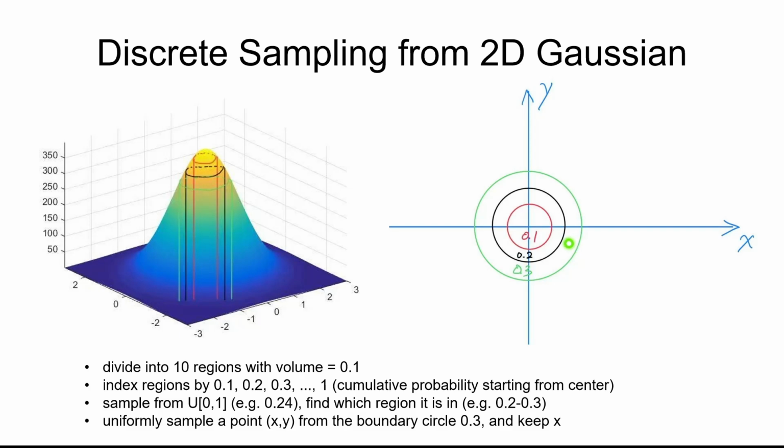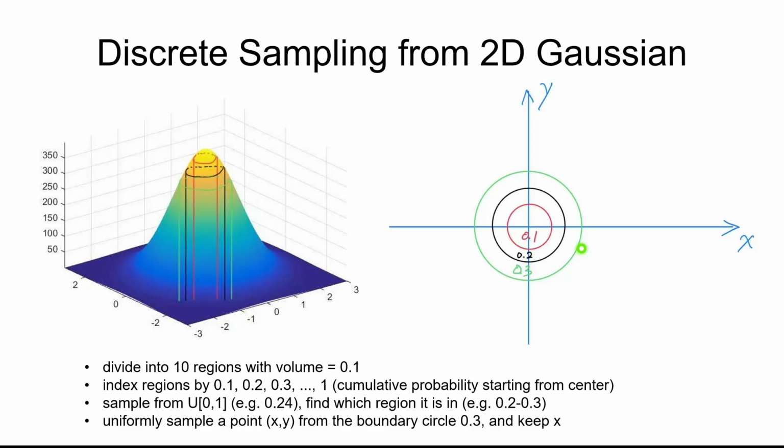So we can use the boundary of region 3 to approximate this selected point, 0.24. So we are going to use 0.3 to approximate this 0.24 and uniformly sample a point from the boundary circle 0.3, so that we can get x and y, and then we keep x, discard y, and the resulting x will be our sample for the corresponding 1D Gaussian distribution.